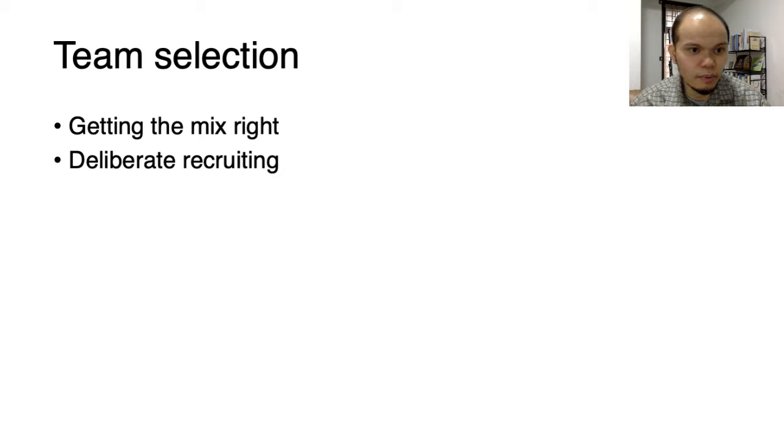But for our purposes, especially for those who might be faced with having to come up with their own teams, having full control over the composition of the team, these two things would be very important. Well, first is getting the mix right, the composition of your team. Would you want your teams to be homogeneous in terms of membership, or would you want them to be diverse? And the second idea here is deliberate recruiting.